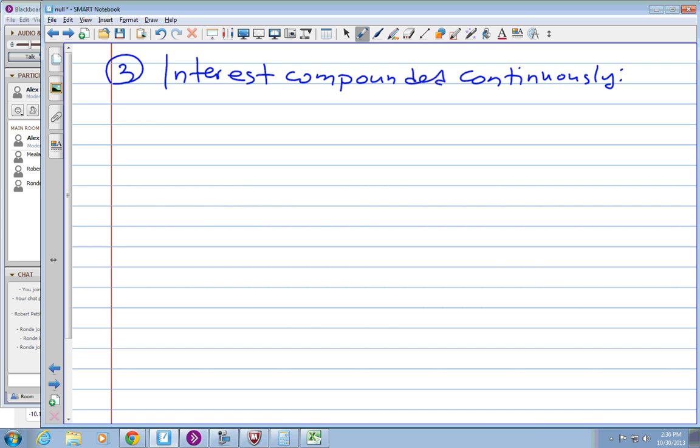This is when n is infinite. We don't have a specific value of n, it just continues, so the interest is being compounded always. I'm not going to derive it, but the formula is P, the principal, times e raised to the power rt. So that's the famous PERT formula. We'll use this formula to model everything that has continuous growth or decay.